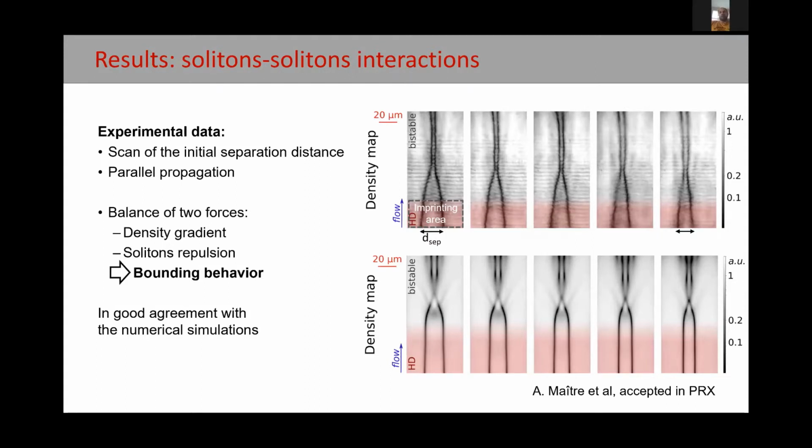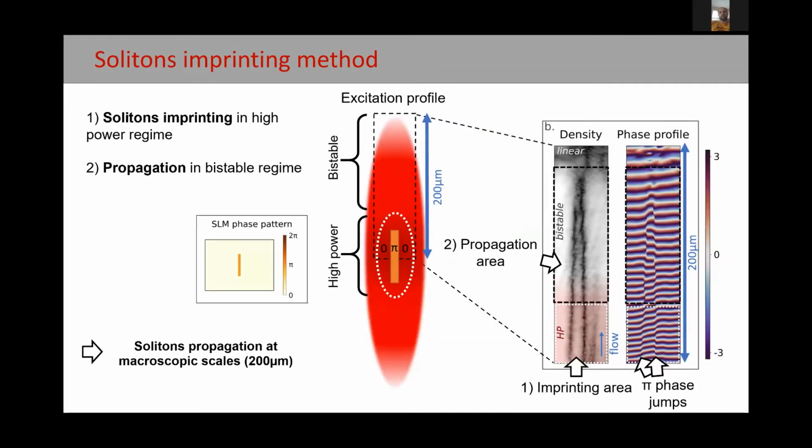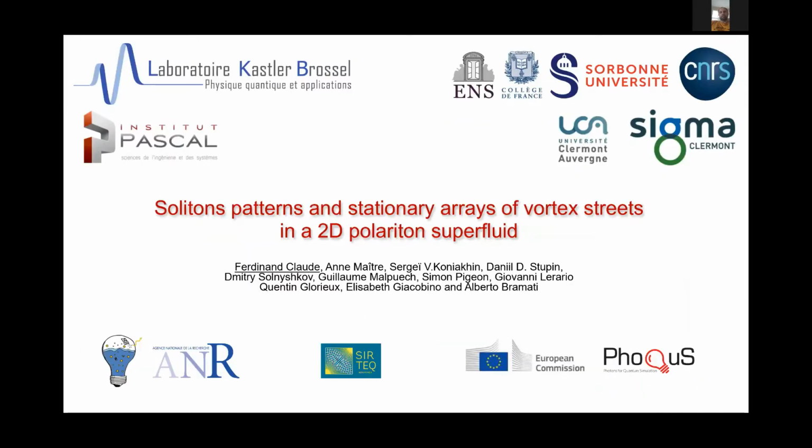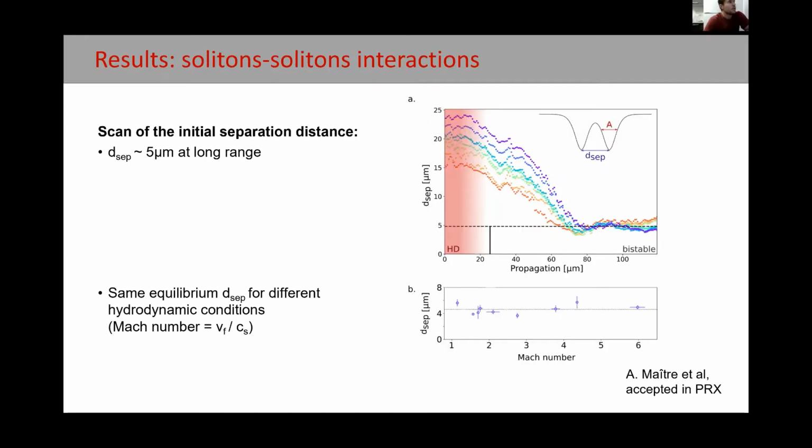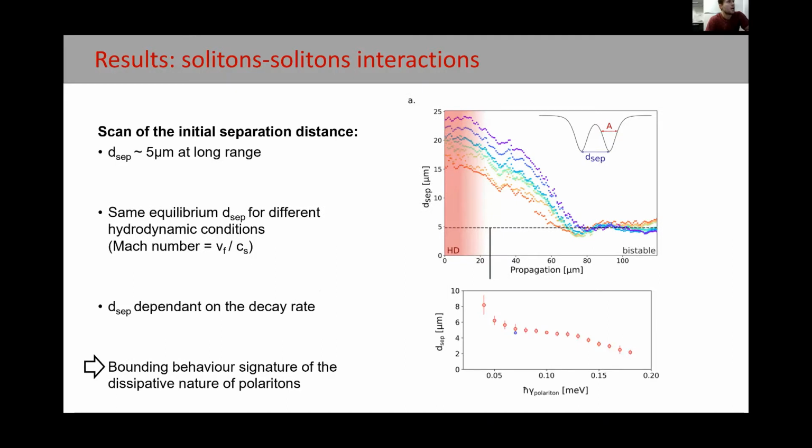Okay. My question was about the first part on studying the separation distance between the solitons on the value of losses. The next slide, please. So how did you control the losses?